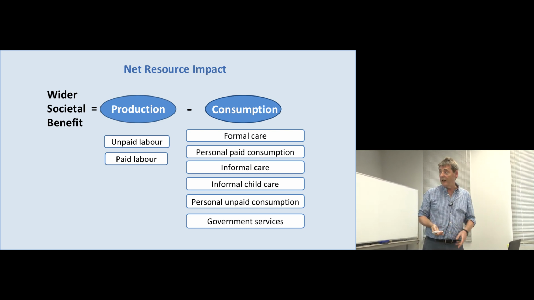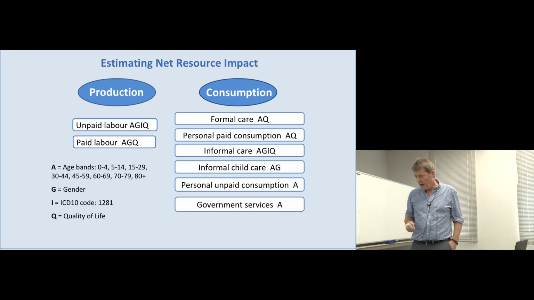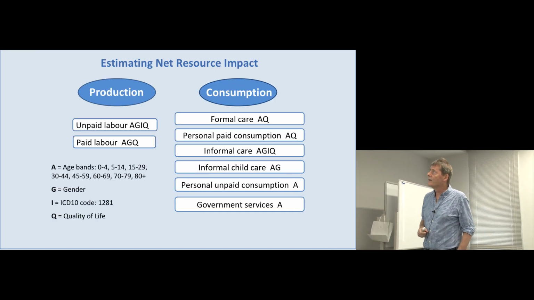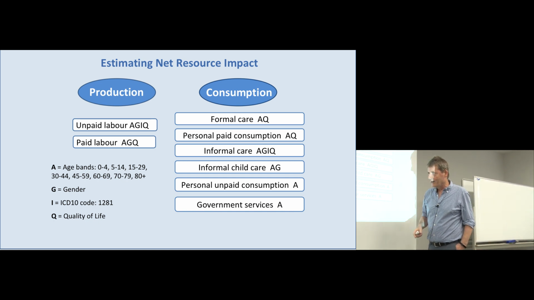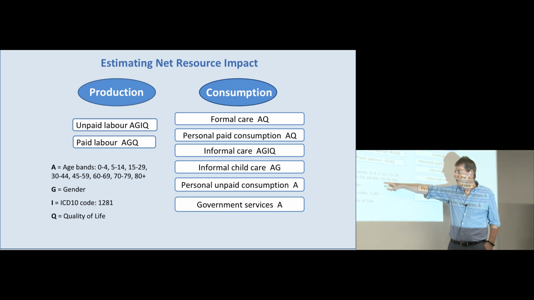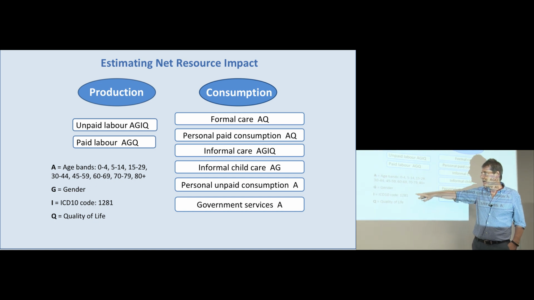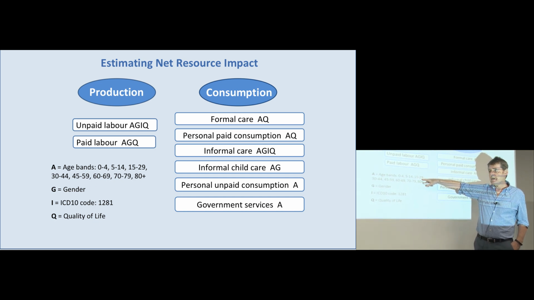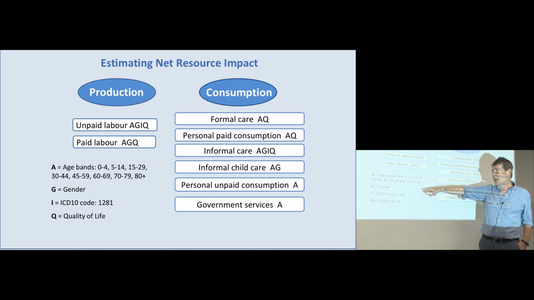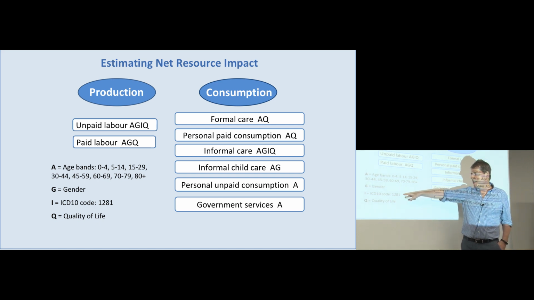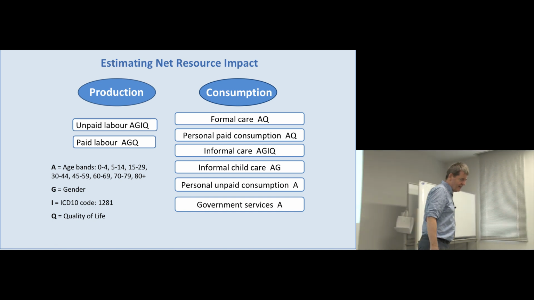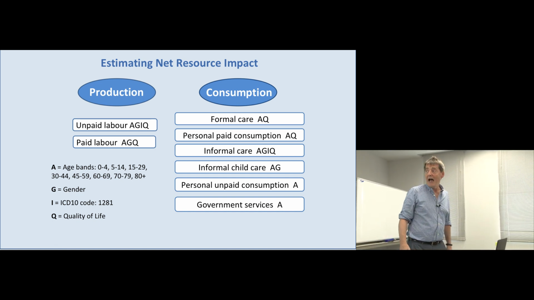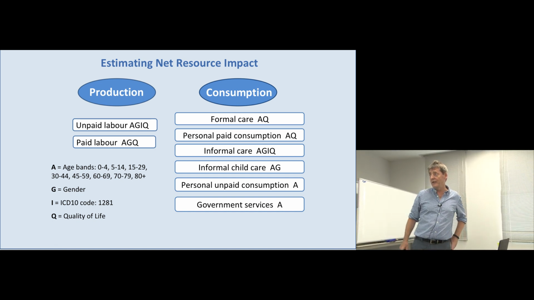Now, to operationalize it, they developed simple models that looked at four different characteristics: the age of the patient, the gender, the ICD code, in other words, which disease area was involved, and the final one, represented here by Q, quality of life.